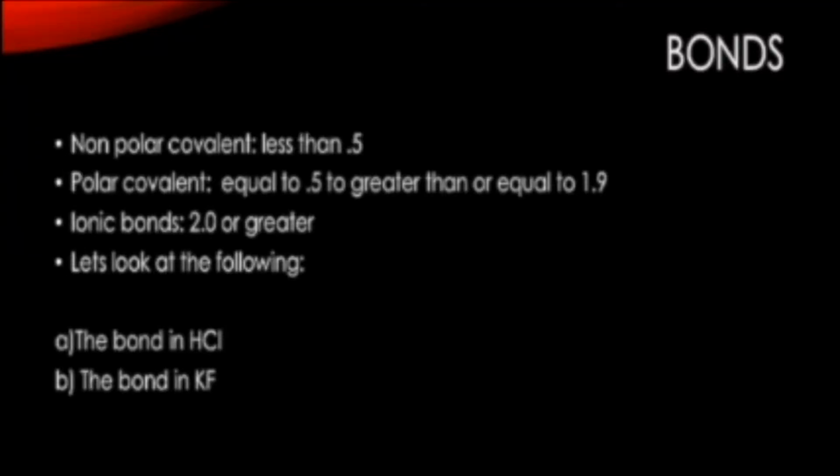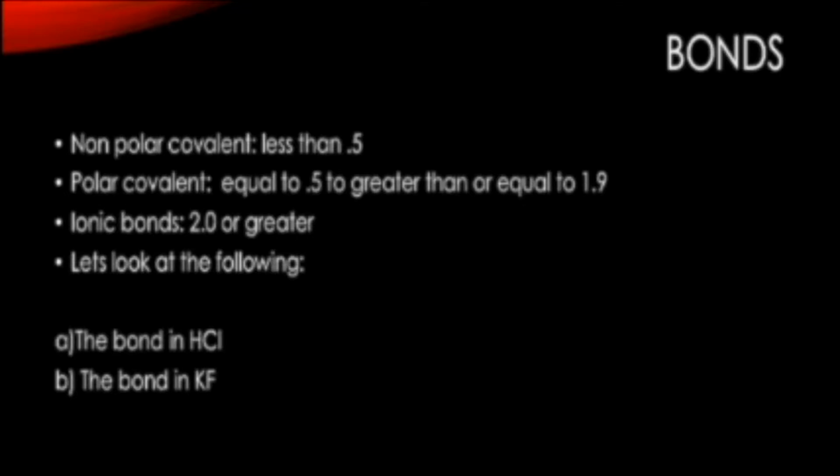So how do these trends help our understanding with bonds? Using Pauling's chart, we can calculate the electronegativity difference and thus obtain the type of bond two or more atoms will make. When the difference is less than 0.5, we will have a nonpolar covalent bond. A nonpolar covalent bond tends to happen with atoms of the same element.